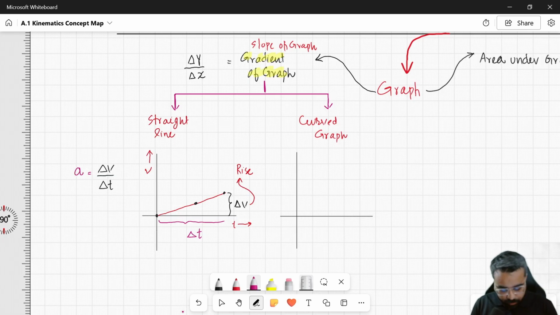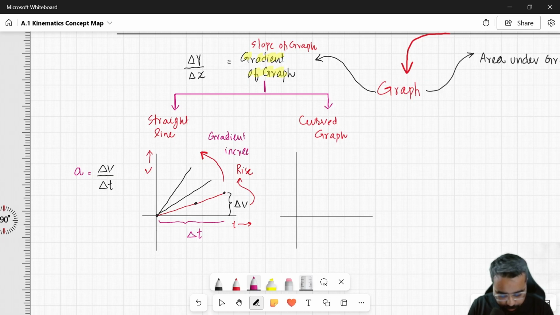So if your graph has any straight line like this or like this, remember that as the line becomes more steep, the gradient increases. Very important point, gradient increases.